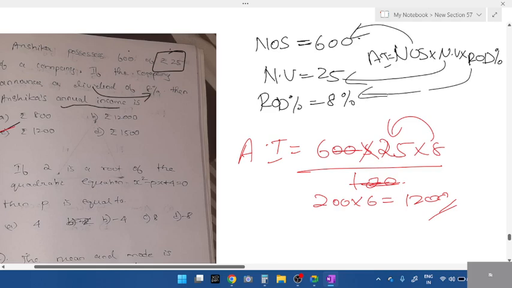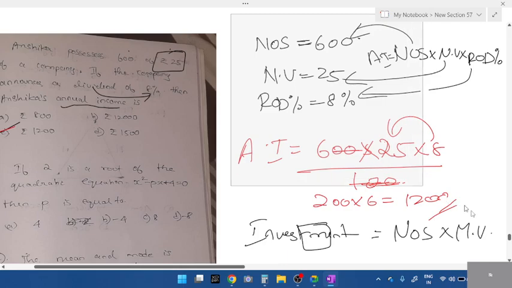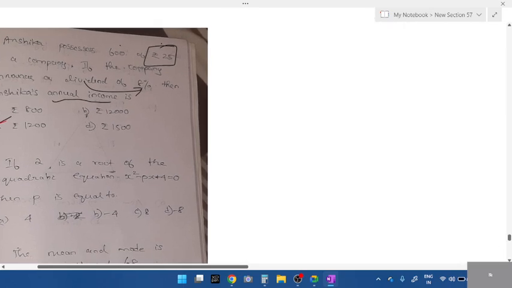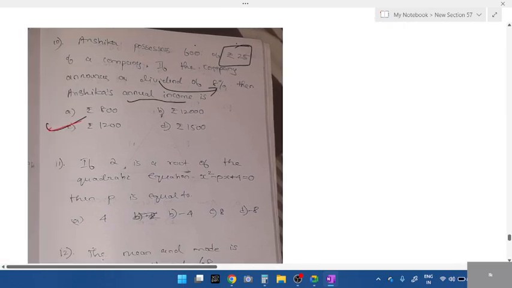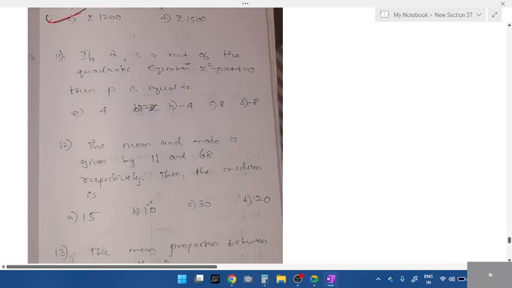Rate of dividend is 8%. It can't be market value. If 25 was market value, they would have asked your investment. Remember this question. Only for investment there is M, so it is number of shares into market value. So you could have taken 25 as market value if investment was asked. They asked your nominal value.